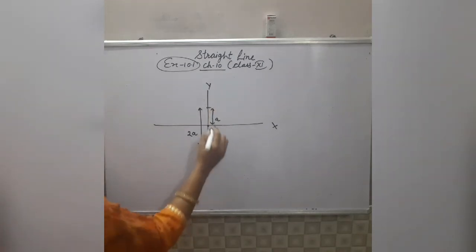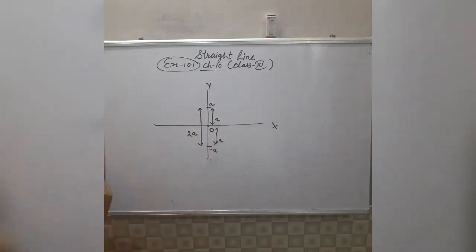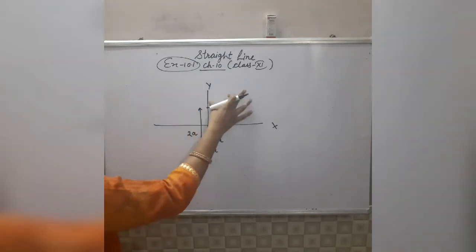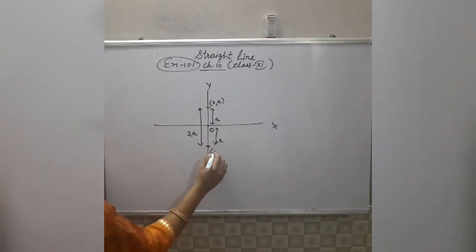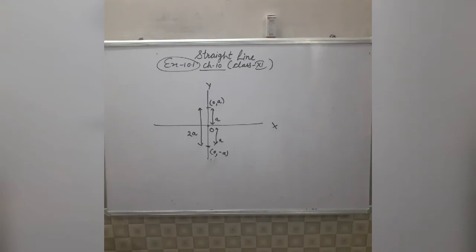At this point the value of y is minus a, at this point the value of y is plus a, or you can say the coordinates of this point will be 0 comma a, and at this point the coordinates will be 0 comma minus a. Now find the vertices of the triangle.